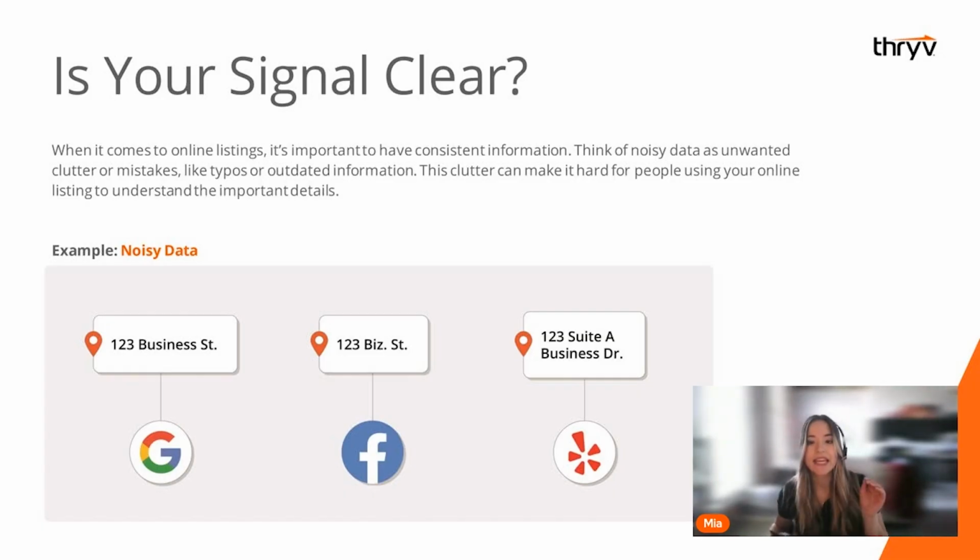Think of noisy data as unwanted clutter, mistakes like typos or outdated information, which I do see a lot of out there. And this clutter can make it hard for people using your online listings to understand the important details. In this example, we have three listings with addresses typed in a little bit differently. This is noisy data because it is showing different information and can be very confusing for consumers.